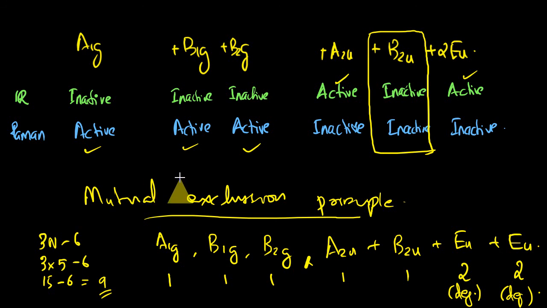You have established the mutual exclusion principle here, and you have seen that the vibrational modes you have calculated fit well with the number of vibration modes you can get from the 3n minus 6 formula. Okay, so these are the things that you have to know, and you know why these are like that. I have already explained in detail why certain modes are IR active and certain modes are inactive. I have explained the theory well in my previous lectures. So I recommend you to go to those lectures as well.